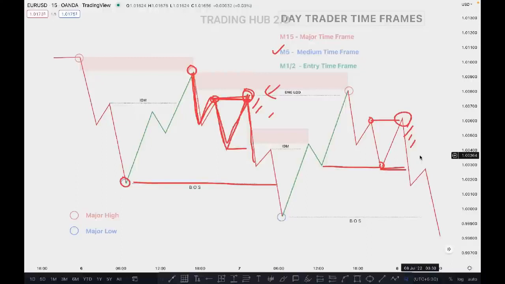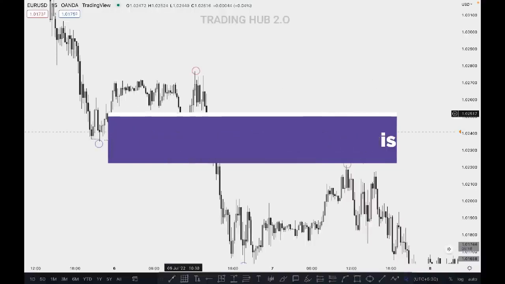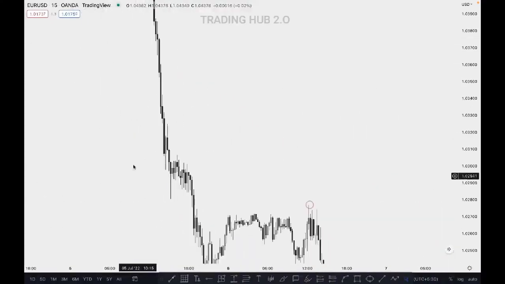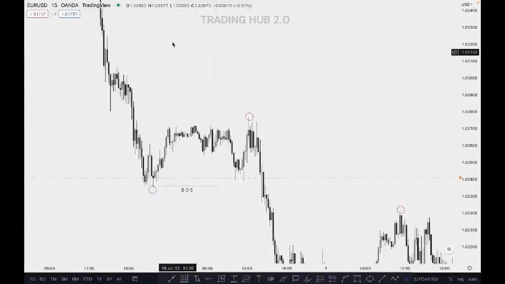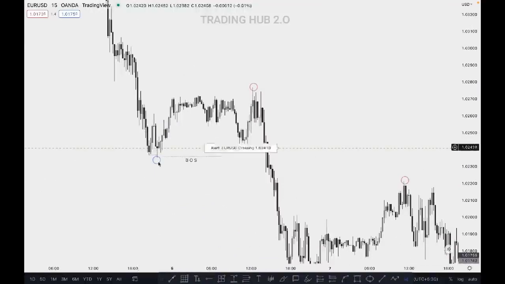Okay, now let's see. This is our EUR/USD chart in M15. Now you can see the market momentum is bearish, and the market keeps pushing downside, and after a big drop the market creates this lower low here. Why?